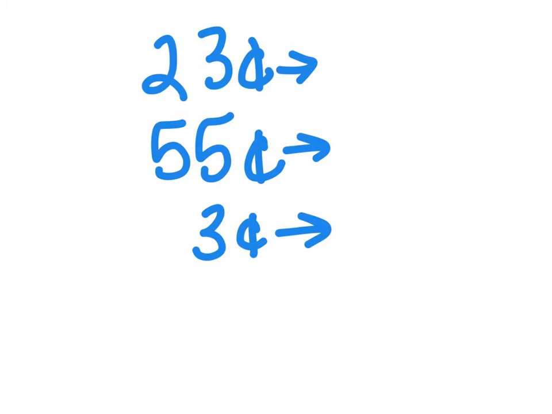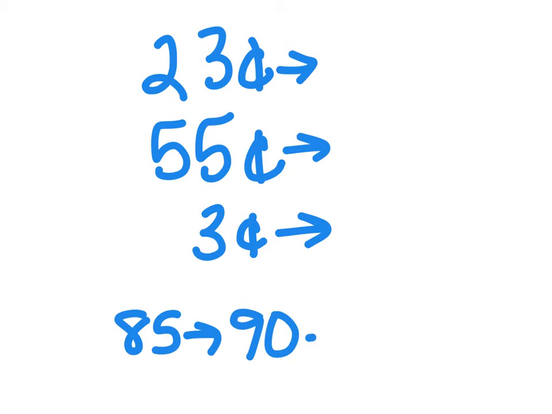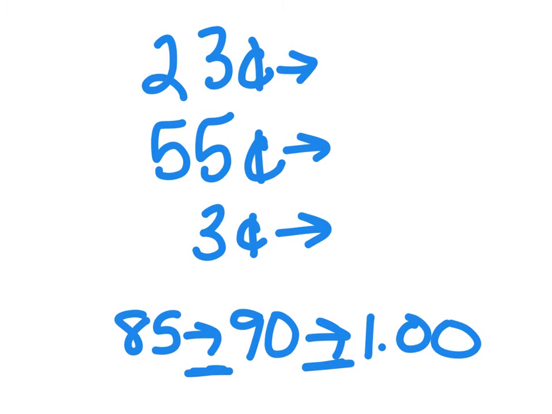Just like I did, if you go back the screen, just like I did with the 85, 90, $1. Okay, that would be a nickel here and a dime to get to there.